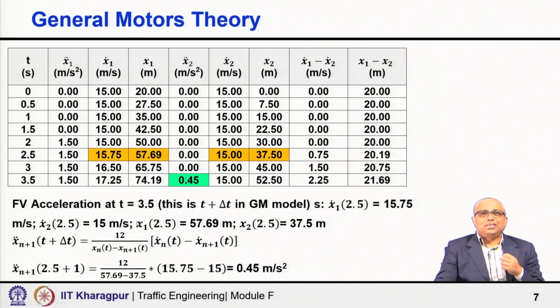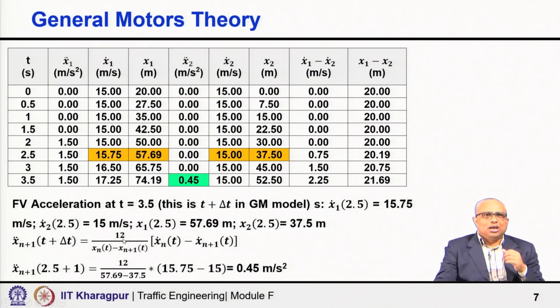So, we will take the values at 2.5 seconds, because the reaction time is 1 second. x 1 dot at 2.5 we know is 15.75, x 2 dot at 2.5 is 15 meter per second.